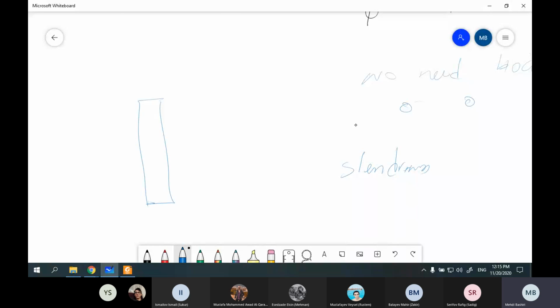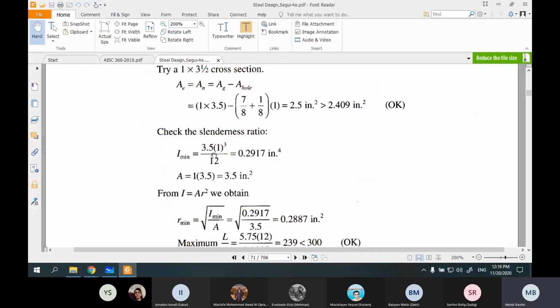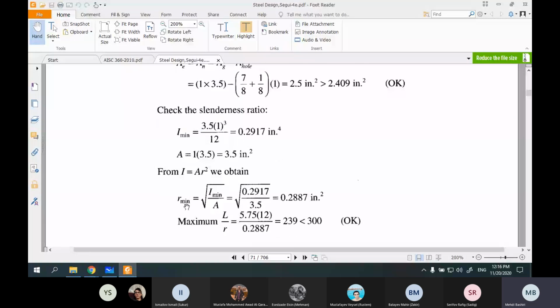I is 1 over 12 b h cubed, this is I max, where this is b and this is h. And I min is 1 over 12 h b cubed. So if we find this I, and the area was 3.5, our r min is here.